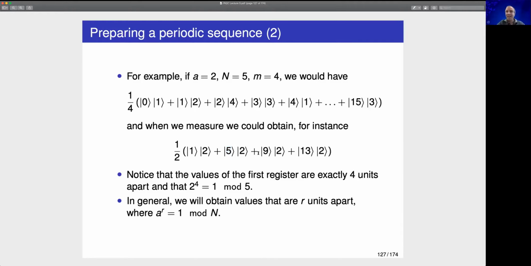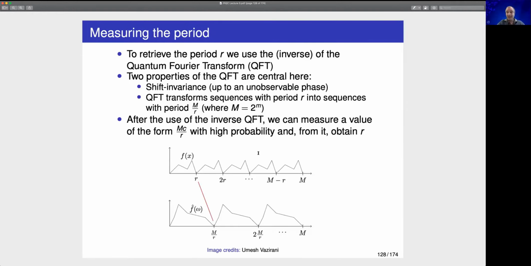In order to do that, I need to use the quantum Fourier transform, or the inverse of the quantum Fourier transform. Why is it useful? Well, this quantum Fourier transform, which I will define in the next slide, is the quantum counterpart of the famous discrete Fourier transform, and it has some very useful properties that are going to help us in finding this period.